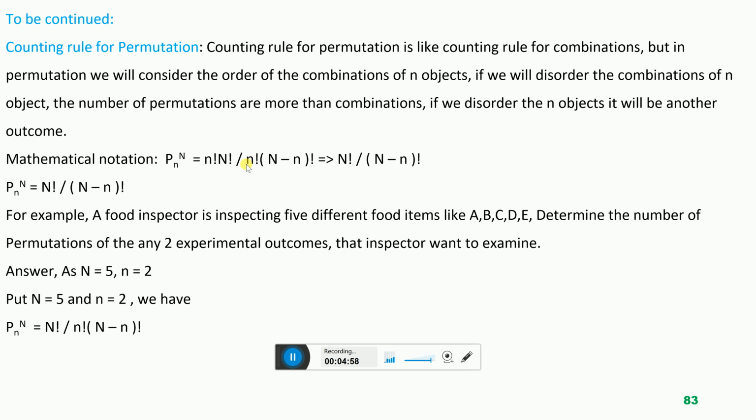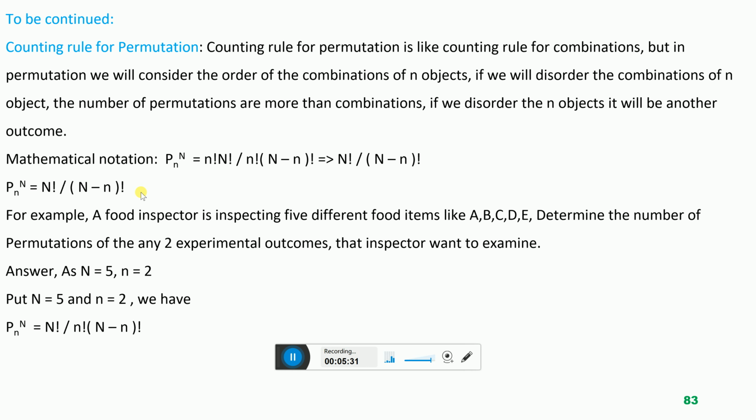Now this small n factorial cancels out with this small n factorial, and the permutation formula is: P of N, n is equal to N factorial divided by N minus n whole factorial.